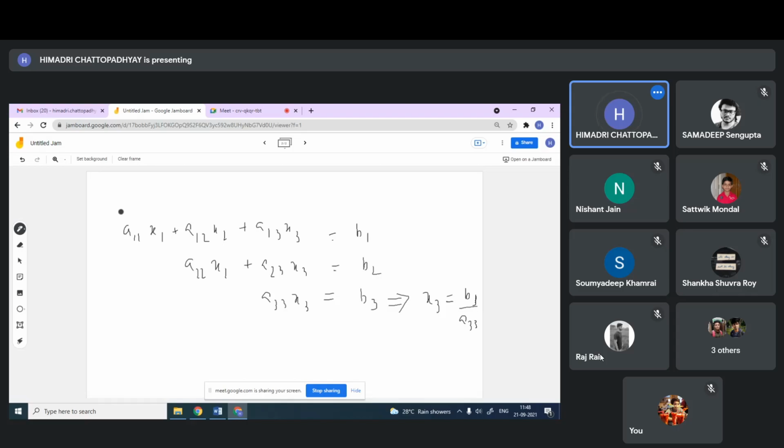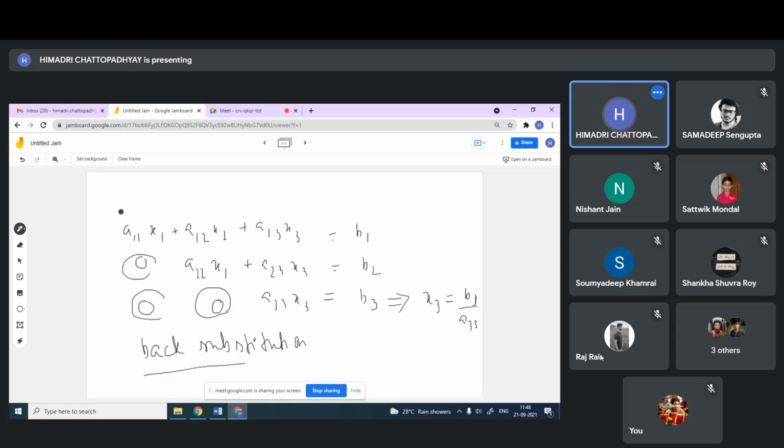So that means if the elements below the diagonal are 0, then you can start a process which is known as back substitution. Back substitution means you operate from the bottom and substitute.